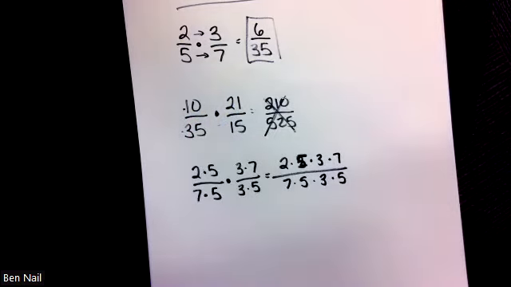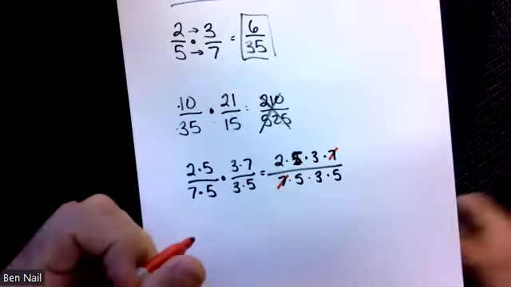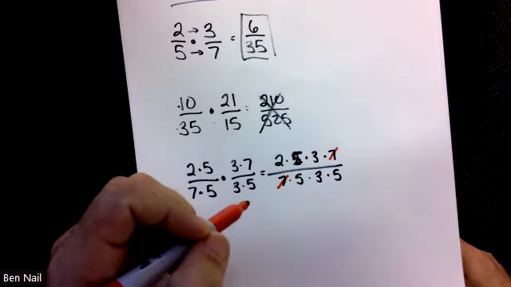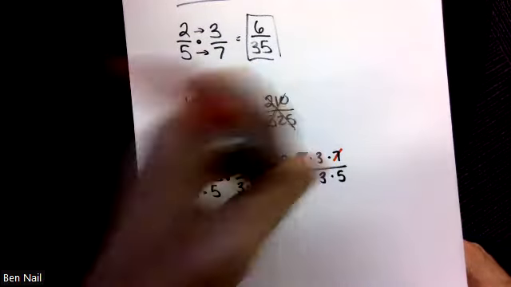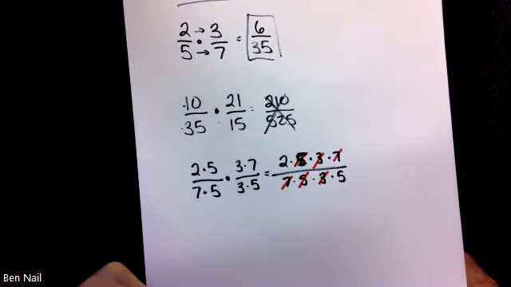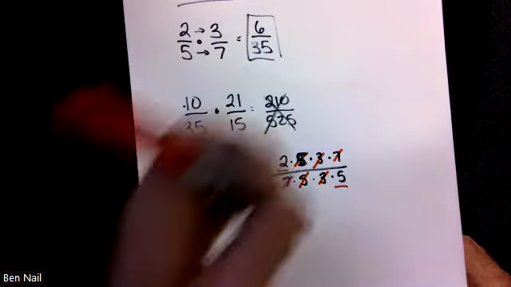So within all of this, as long as you have common factors on the top and on the bottom, they would cancel each other out. So for example, this 7 and this 7, because we're all multiplying here, are common factors. This 5 and this 5, likewise this 3 and this 3. So then all we have to pay attention to is what wasn't able to be canceled.